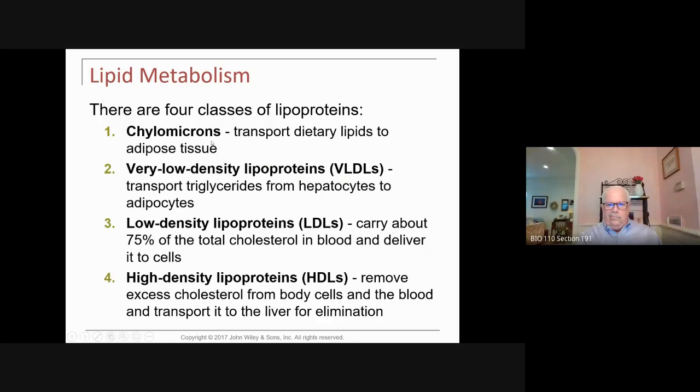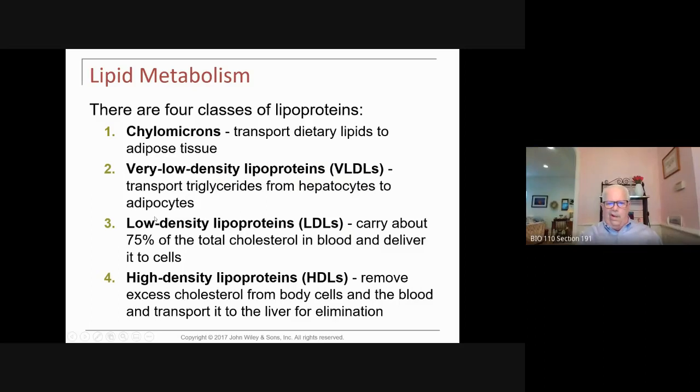Chylomicron is the transport of dietary lipids, fat that you eat, to adipose tissue. VLDL, the transport of triglycerides from liver cells to fat cells.